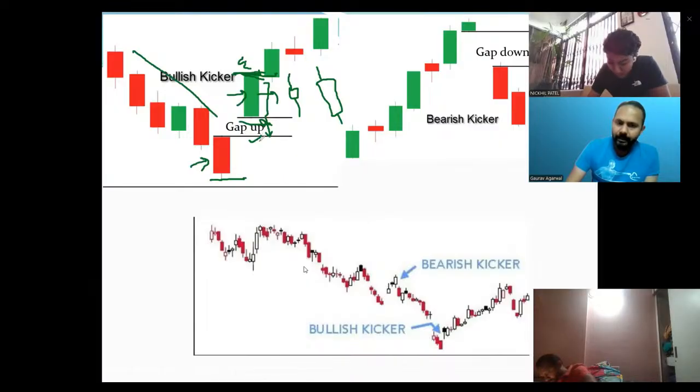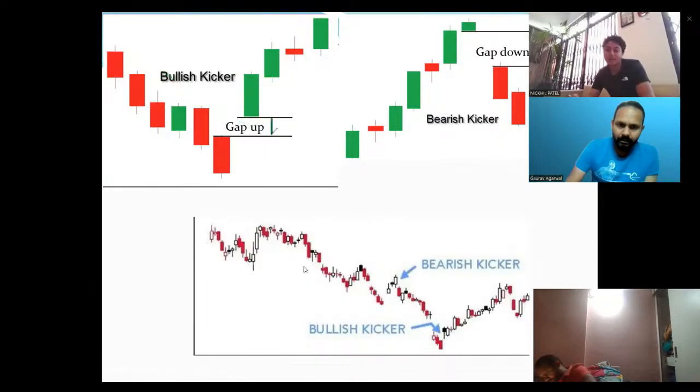And this gap area will be your stop loss. Anywhere between the gap. The safer side has to be somewhere here. So the previous candle before the gap up that happened, right? Yeah.